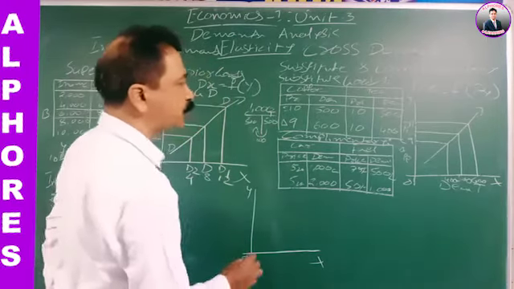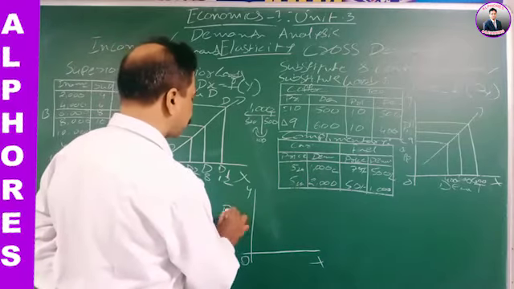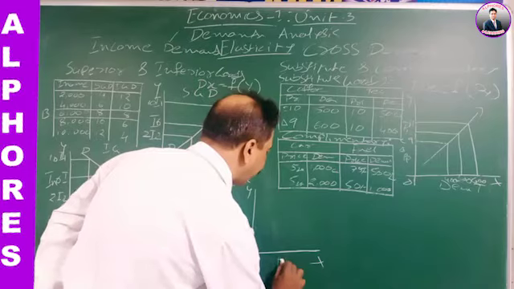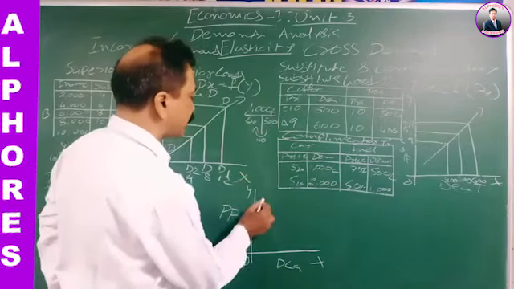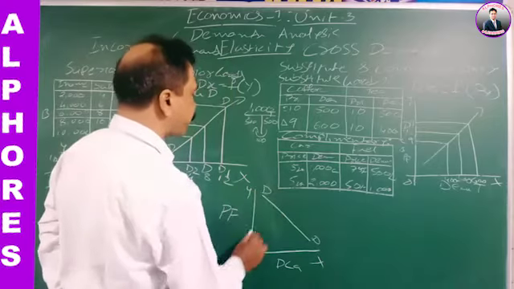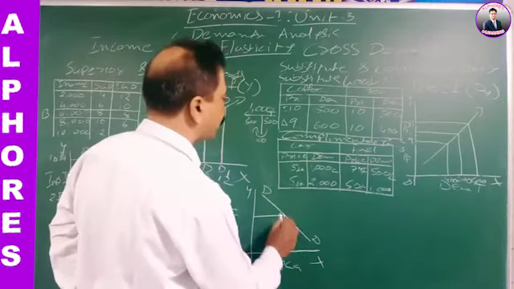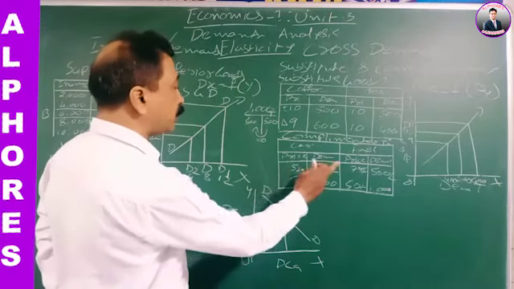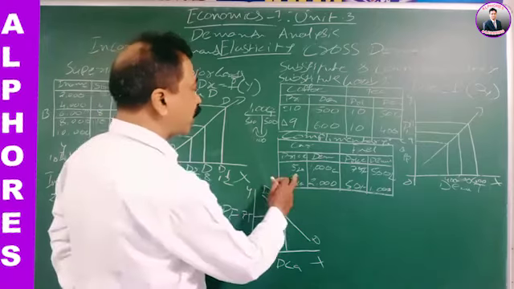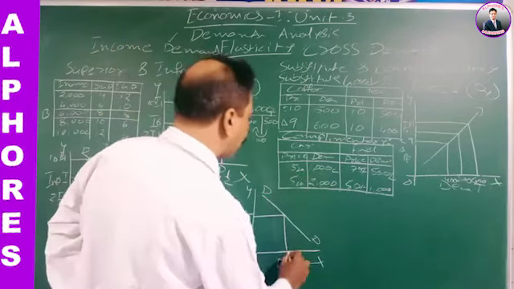Here we show the price of fuel, and here we show demand for cars. The relation will be inverse. Price of fuel is 75 and demand for cars is how much? 1000.